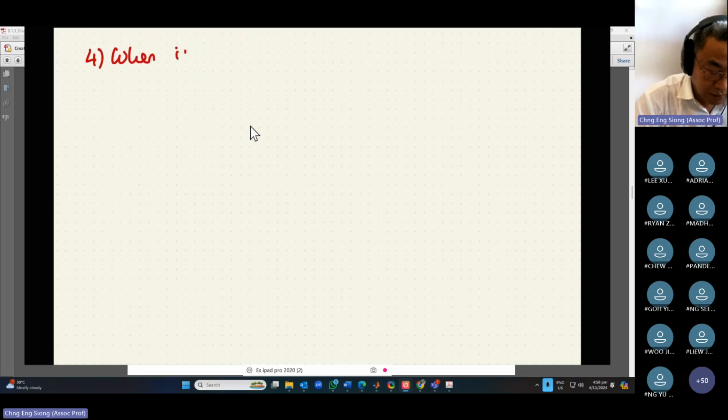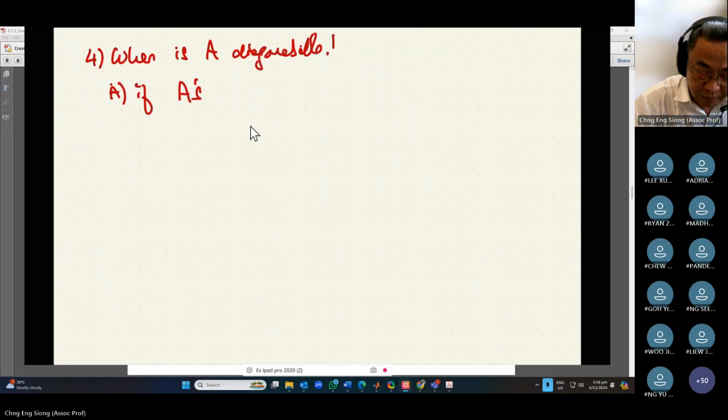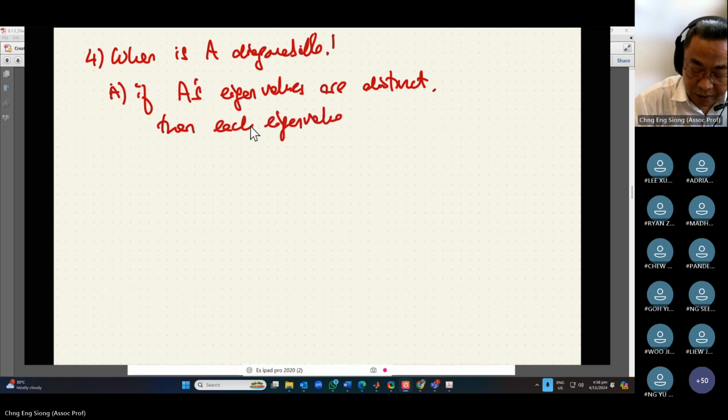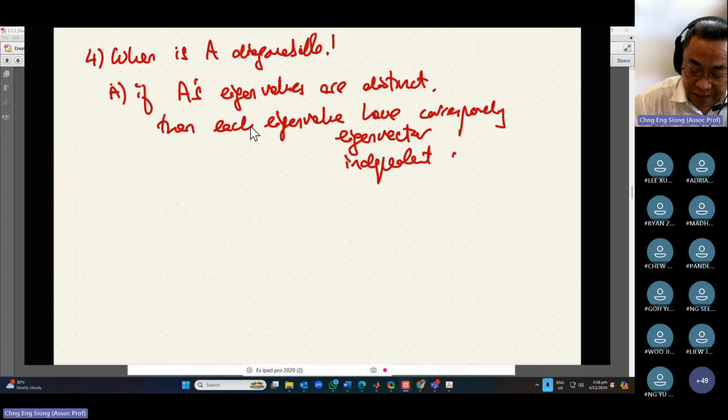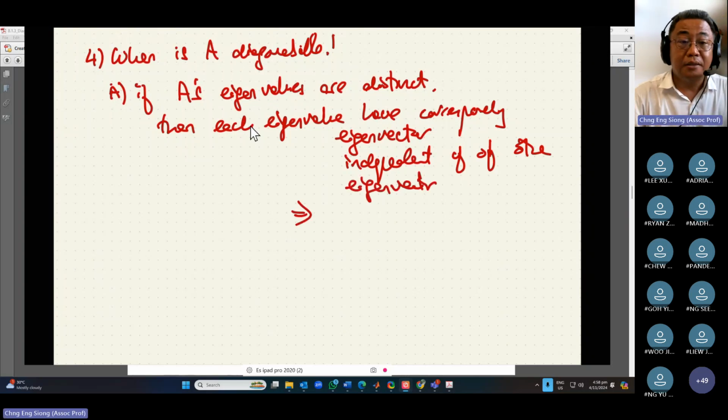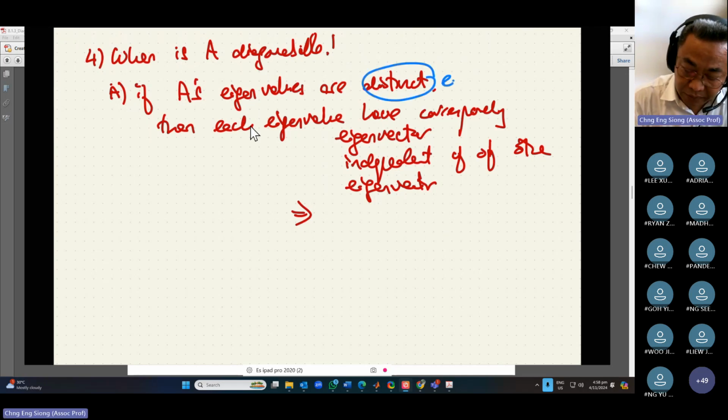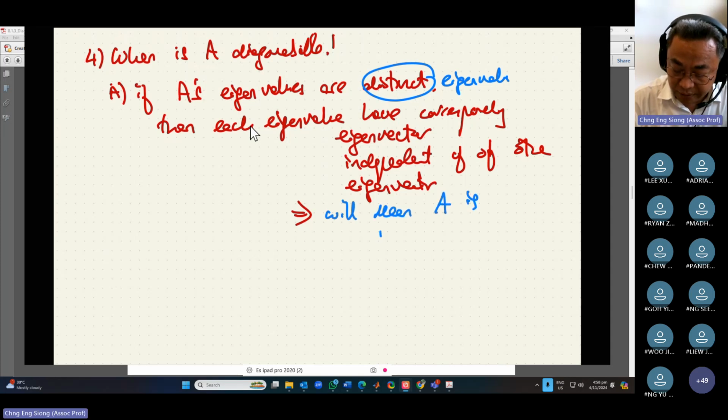One, if A's eigenvalues are distinct, then each eigenvalue has a corresponding eigenvector independent of the other eigenvectors, implying distinct eigenvalues mean A is diagonalizable.